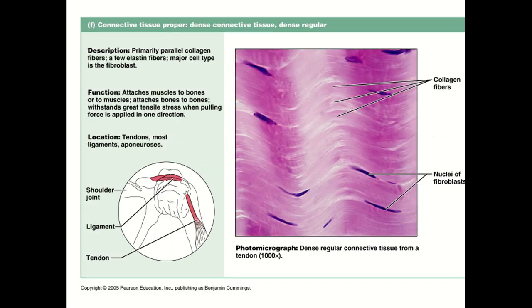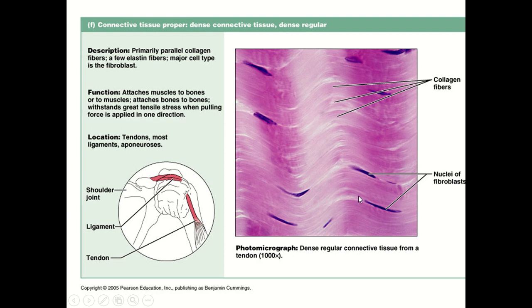Okay. So next, dense connective tissue. The first one, we're going to look at is dense regular. Dense regular tissue is primarily parallel collagen fibers, as you can see here, it's parallel, and it has a few elastin fibers. The major cell type that you can find in dense regular connective tissue is the fibroblast.